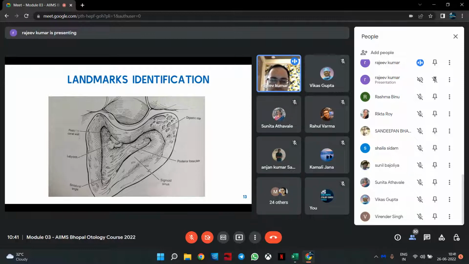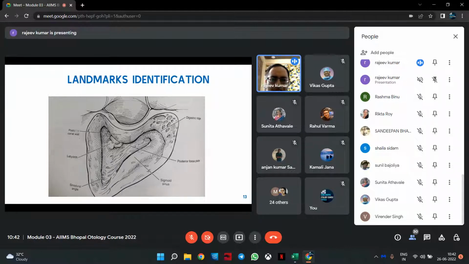In a sclerotic mastoid, sometimes it is not feasible to identify the digastric ridge. If you keep on drilling, it will be too much drilling, so you can avoid that if it is a very sclerotic mastoid. But these are the important landmarks: tegmen, sinus plate, your labyrinth and lateral canal bulge. That is very, very important.